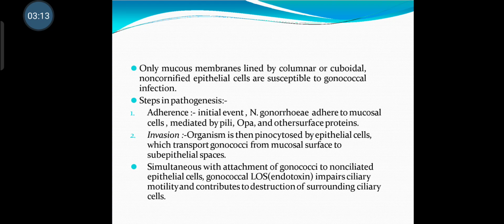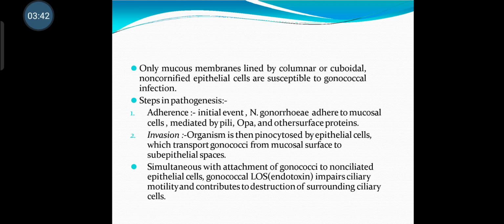Invasion. Organism is then pinocytosed by epithelial cells which transport gonococci from the mucosal surface to subepithelial spaces. So invasion means entry into the body, that is, the organism is taken in by pinocytosis, that is cell drinking, by epithelial cells, and these gonococci are transferred from the mucosal surface to the subepithelial spaces.